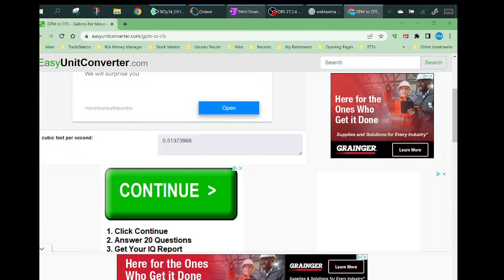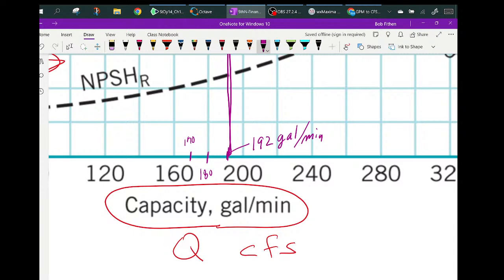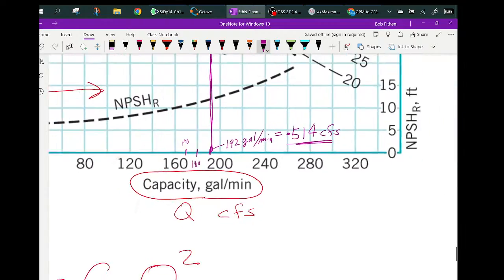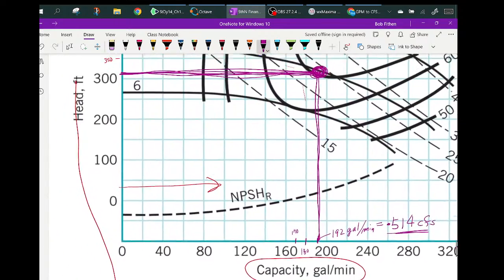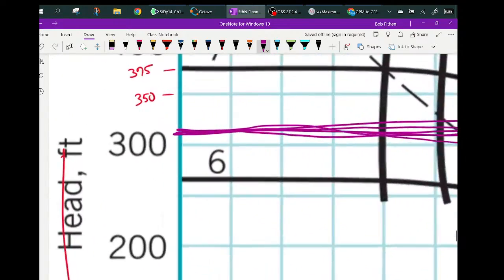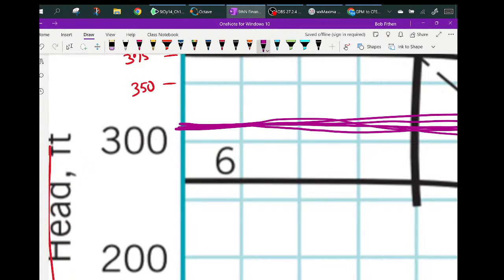So I'm going to say it's about 0.514 cubic feet per second. And what do you get there? Well, it's got to be 325, and that's about halfway. So I'm going to say that's around 310.